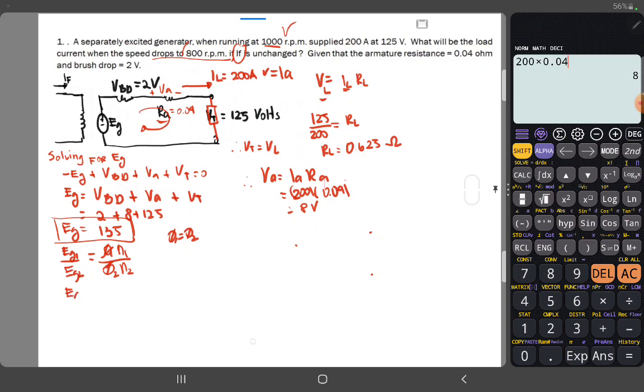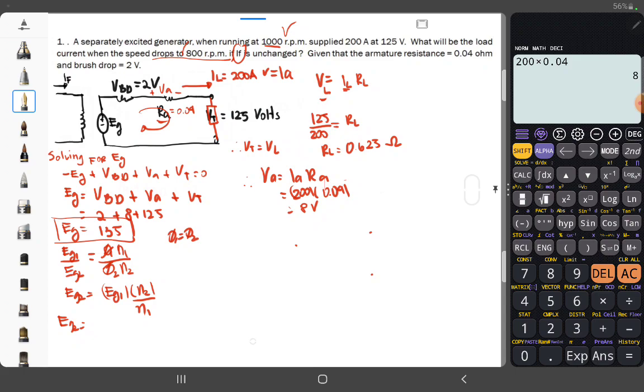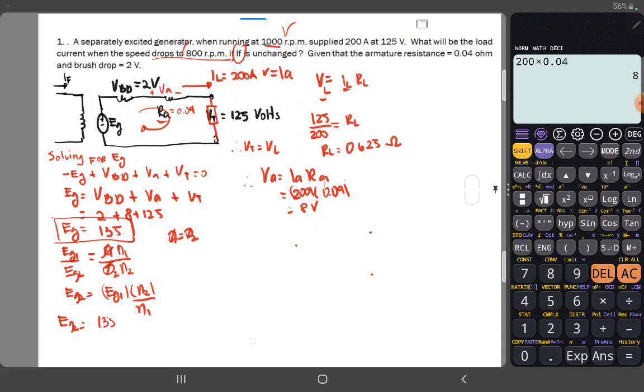So from here I may solve for my EG2, which is equal to EG1 multiplied by N2 all over N1. So from here my EG2 will be equal to EG1, which is 135, multiplied by N2, which is equal to 800, all over 1000.